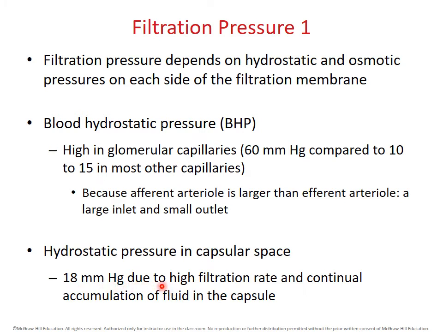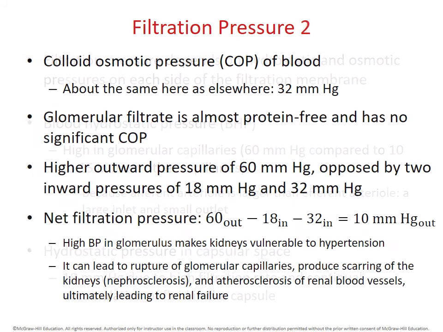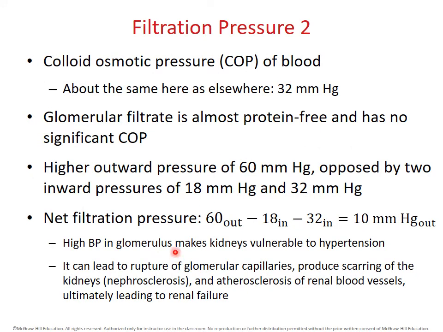Again, this pressure occurs due to the constant filtration of fluid into the capsular space, and it can only move so quickly out of the capsule into the proximal convoluted tubule. So there's a bottleneck at the proximal convoluted tubule, at the tubular pole, and that causes a little bit of back pressure to build up, which averages about 18 millimeters of mercury. So those are the numbers associated with the hydrostatic pressure.